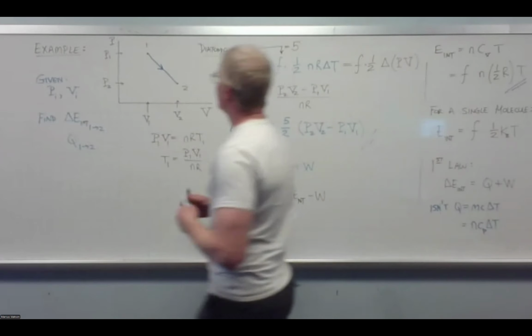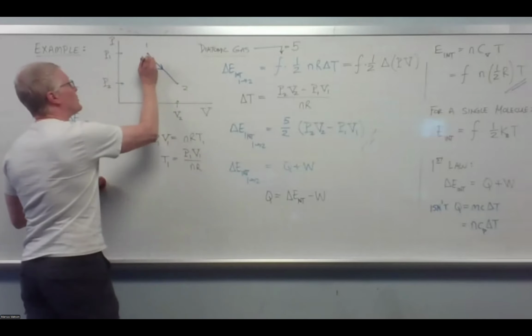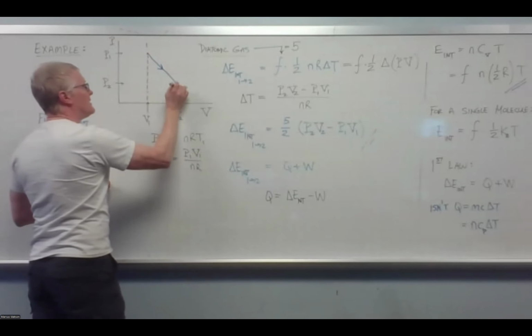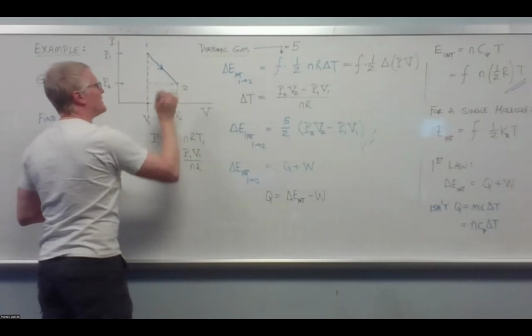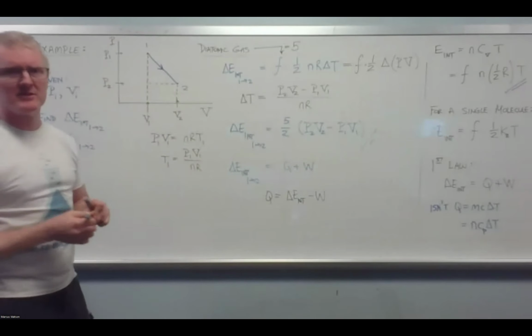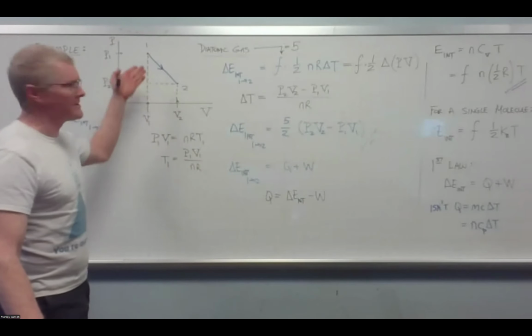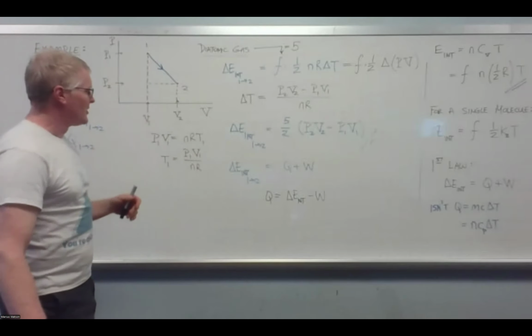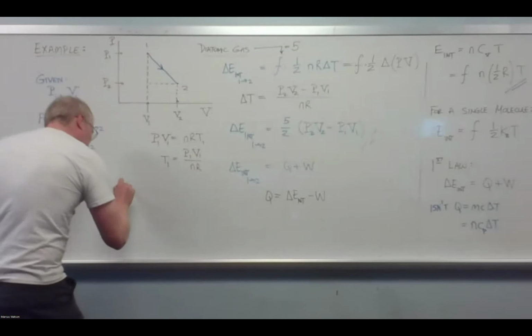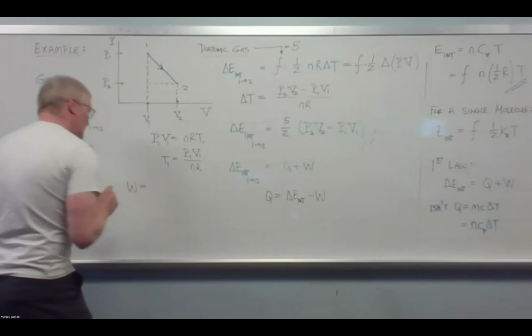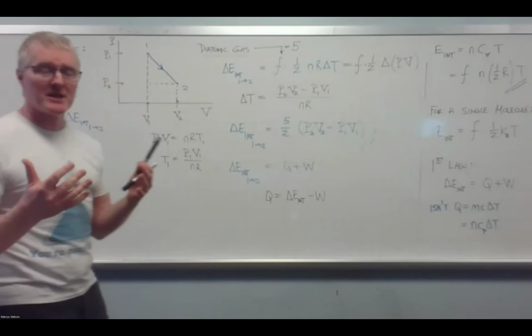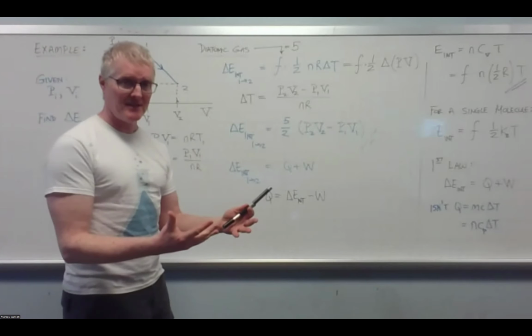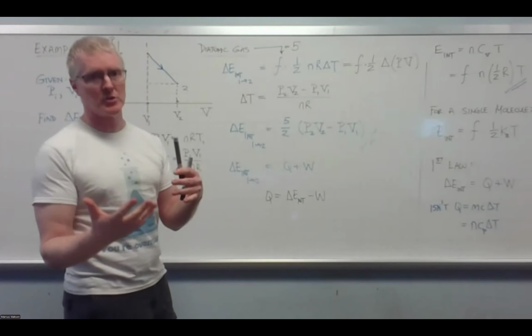Okay, so let's calculate the work under here. The work done. I don't know about you, maybe you're all fancy and you like a trapezoid or something, but I see a triangle sitting on top of a square or a rectangle looking thing here. So the work done, okay? Remember, this comes out of negative P dV or negative integral P dV.